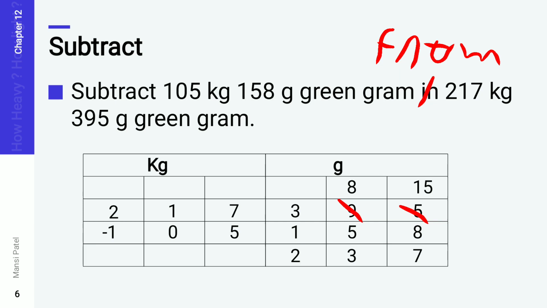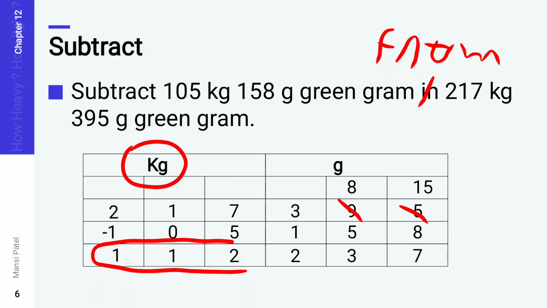Now what about the kilogram? 7 minus 5, it's 2. 1 minus 0, 1. And 2 minus 1, 1. So your answer is 112 kilogram and 237 gram. See here under the heading of kilogram, which digits are there? The digits are 112.